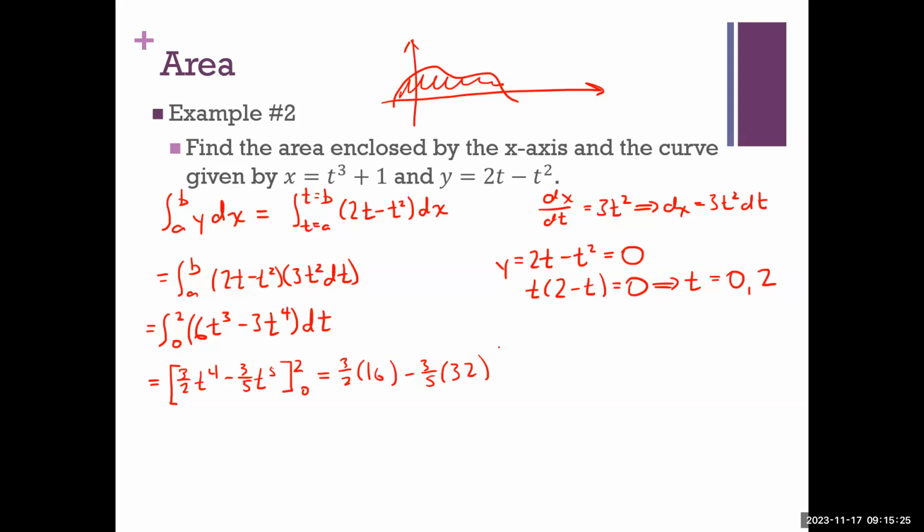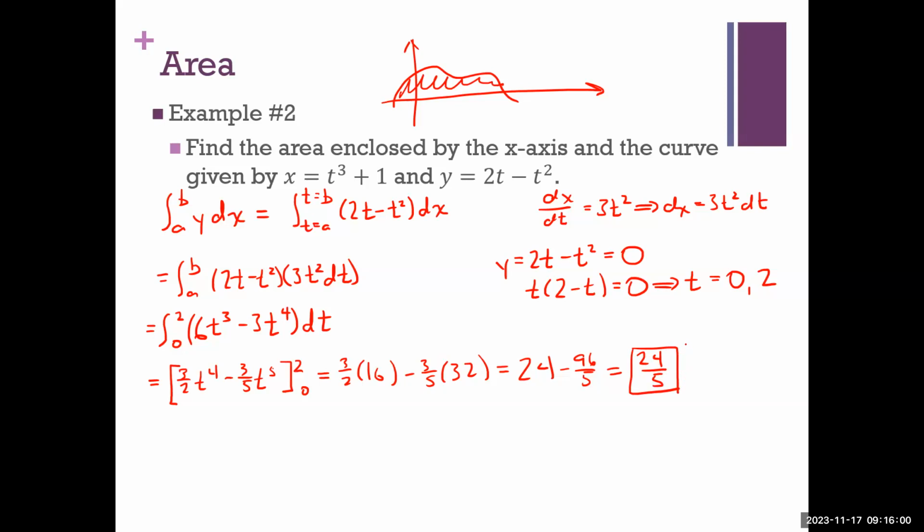And then if I plug in 0 for t, those will all be 0. So does this simplify in any convenient way? So 24 minus 96 over 5. Is that 24 over 5? I believe 24 times 5 is 120. Okay, I feel good about 24 over 5 then.